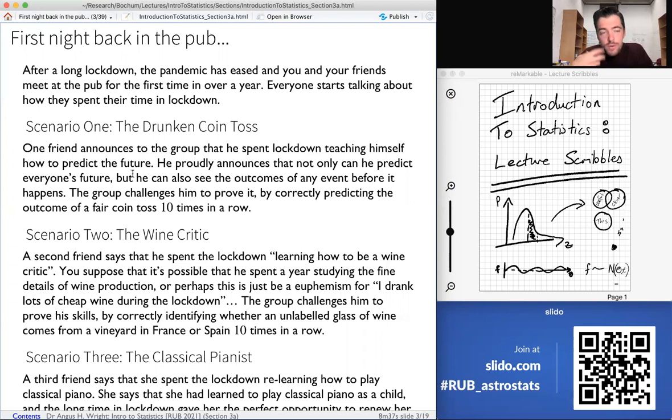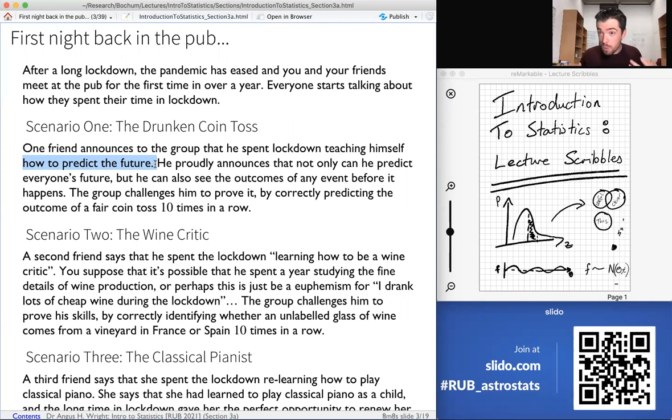As you're going through and discussing these things, three friends talk about things that they've done. Scenario one is about one particular friend. This friend announces to the group that he spent the lockdown teaching himself how to predict the future. He says that not only can he predict everyone's individual futures, but he can also see in advance the outcomes of individual events.